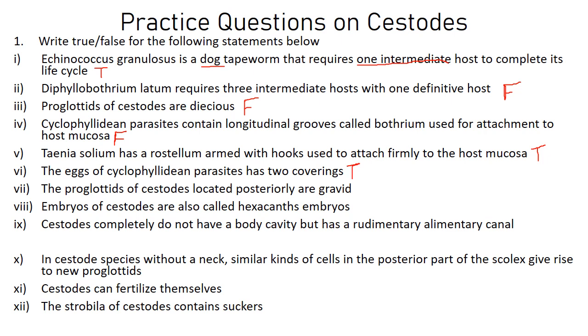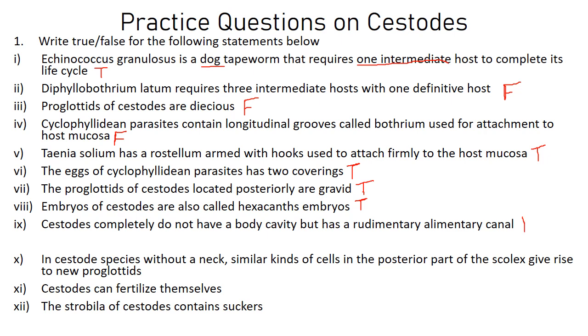The proglottids of cestodes located posteriorly are gravid. This is true, right? Then embryos of cestodes are also called hexacanth embryos. This is true. Cestodes completely do not have a body cavity but have a rudimentary alimentary canal. This is false.